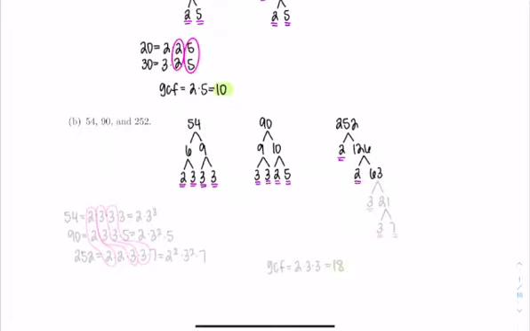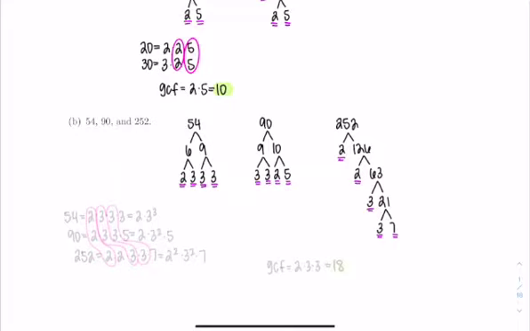And 63 can be broken down into 3 and 21. And then 21 can be broken down one more time into 3 and 7. So let's go ahead and write these out.